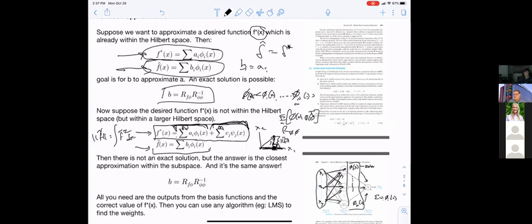So that's the L2 norm. That's the sum of the squares of the errors. This thing has to be squared. So that distance, the sum squared errors, is minimized when we project. We do the orthogonal projection of the thing we want onto the space that we're trying to approximate. Does everyone get that?